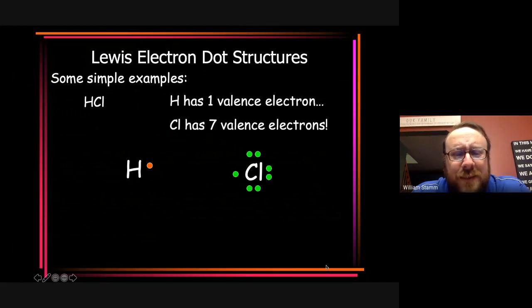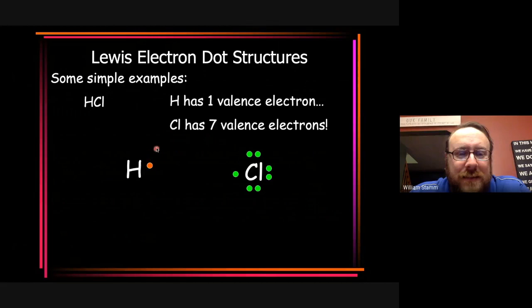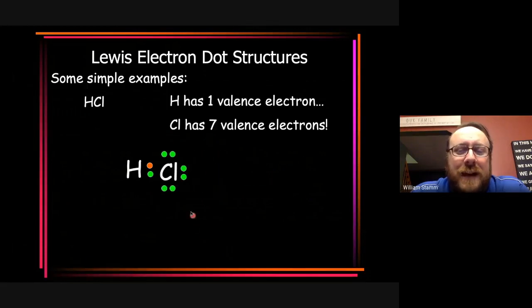If we just draw the Lewis dot structures of these elements, hydrogen with 1 valence electron, and chlorine with 7 valence electrons, this one is basically all alone by itself. All that really has to happen, it's a logical thing, is that this compound comes together and starts sharing these 2 electrons.